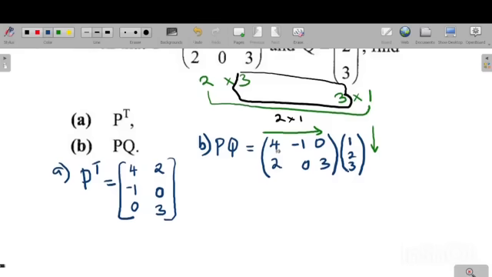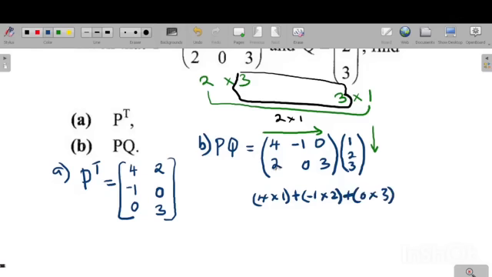So we're going to have 4 times 1, plus -1 times 2, and plus 0 times 3. So we are done with this row and this column.